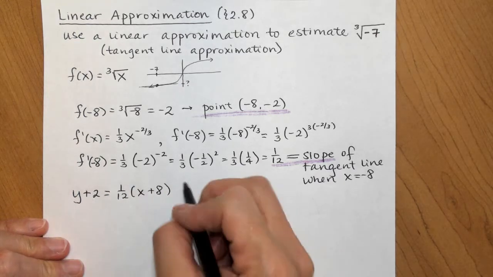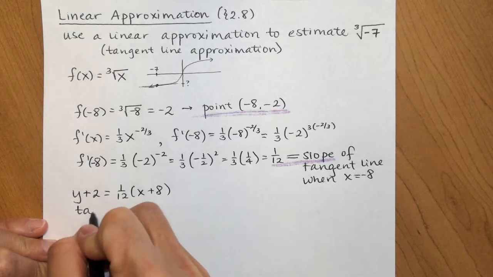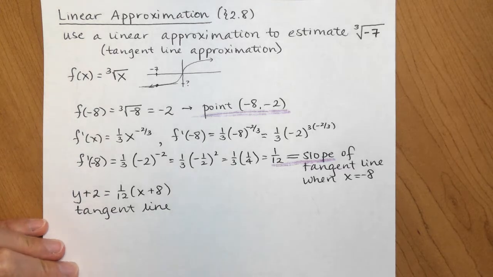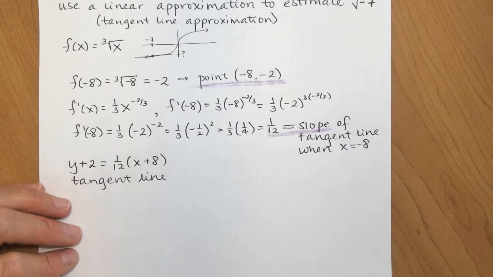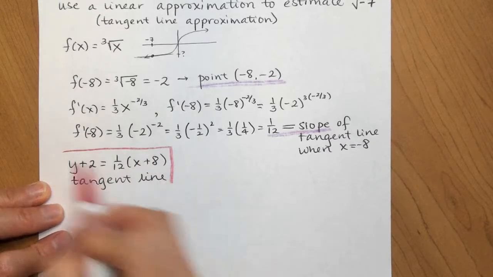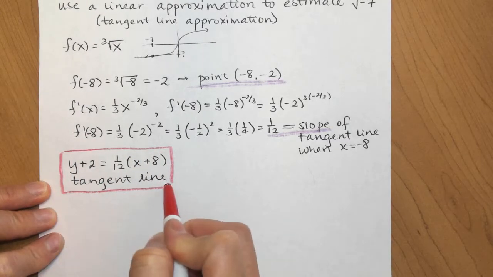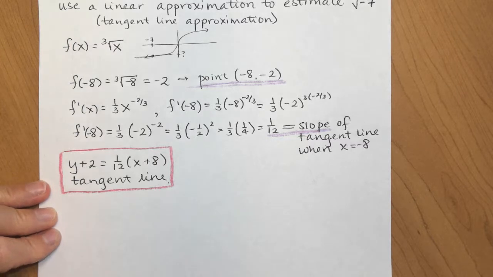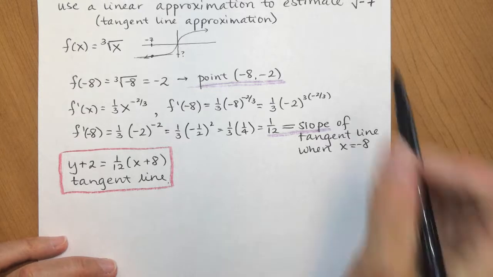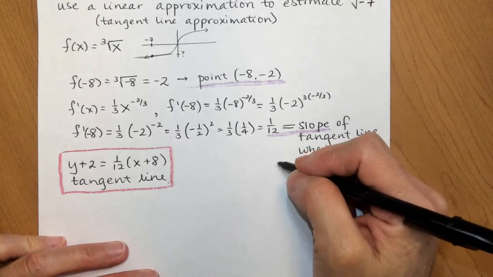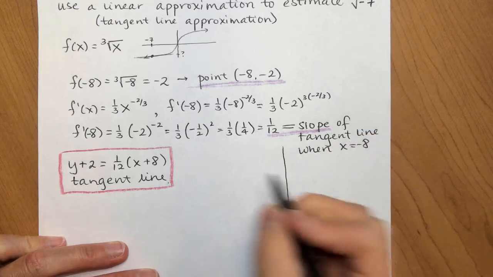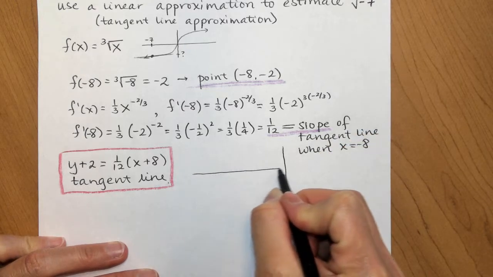Okay, so this is my tangent line. So let's go back to the graph. We'll draw it a little bigger so we can really see what's going on. And let's see how this tangent line equation is going to help us estimate the value of the cube root of -7. So I'm going to exaggerate this a bit so it's clearer what's going on.